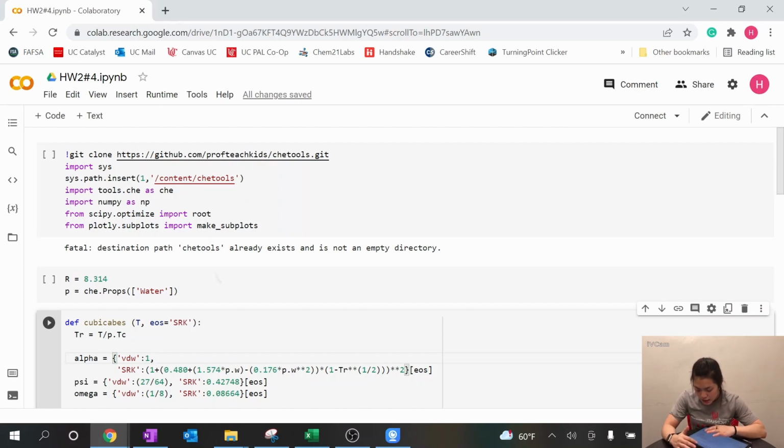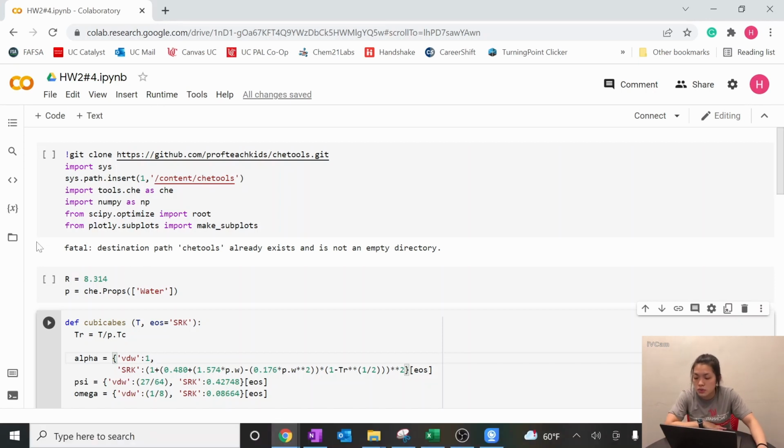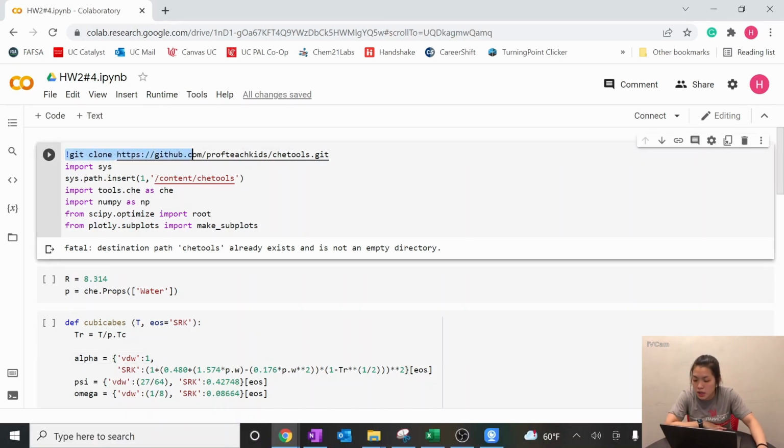In this previous script, the first thing that we did was import some tools. We used this !git clone and this URL, which is a previously developed Python script that has a lot of properties of different substances.